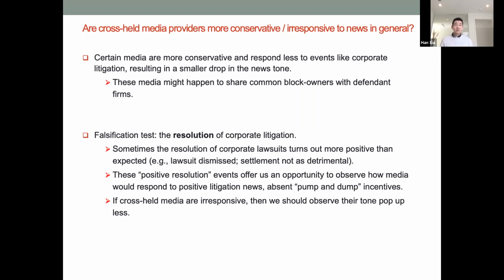And by definition, because this is positive litigation news, there shouldn't be any pump and dump incentives. Now, if the cross-held media just happen to be irresponsive to any news, then we should observe their tone pop up less during those positive events compared to the non-cross-held media.